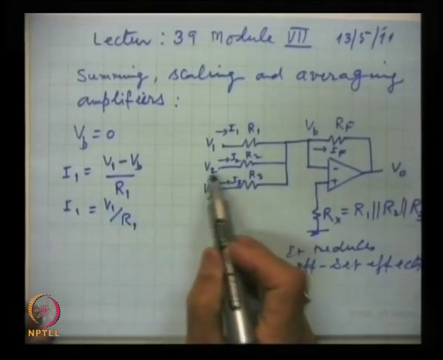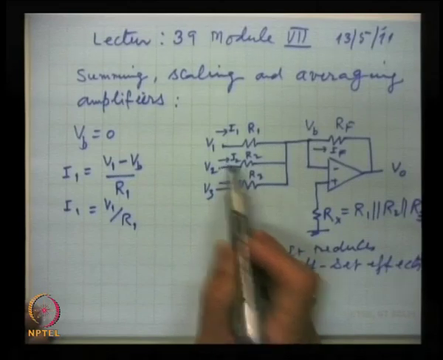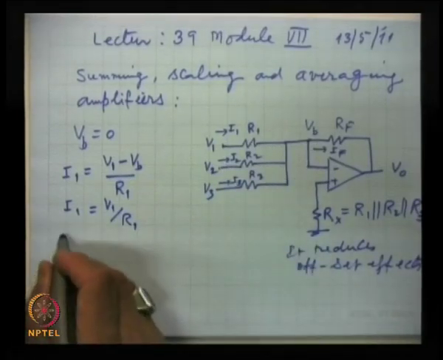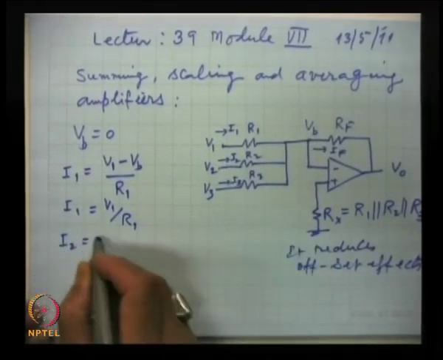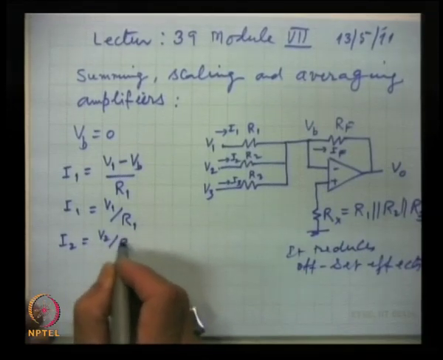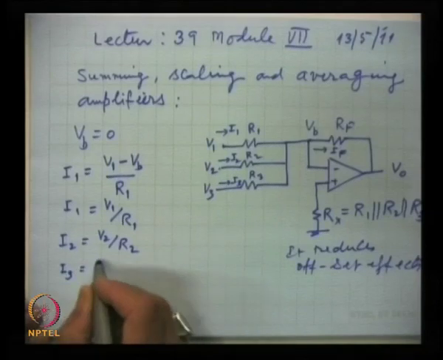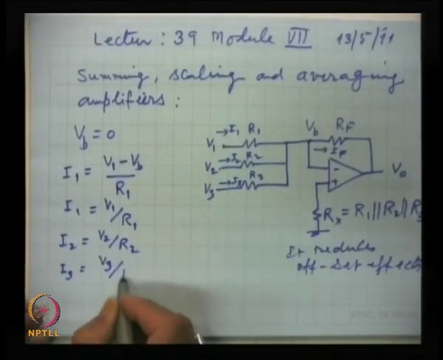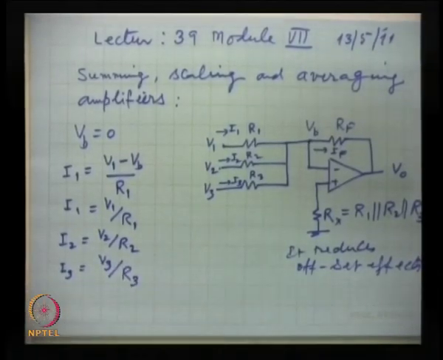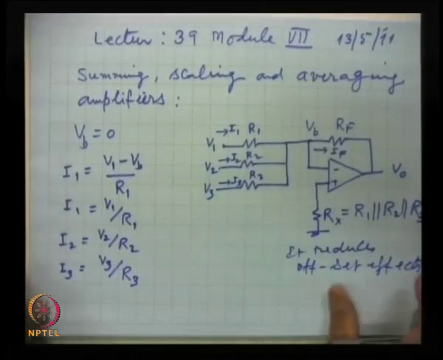Similarly, we can write for I2 and I3. So, I2 is V2 by R2, I3 is V3 by R3. These are the currents.